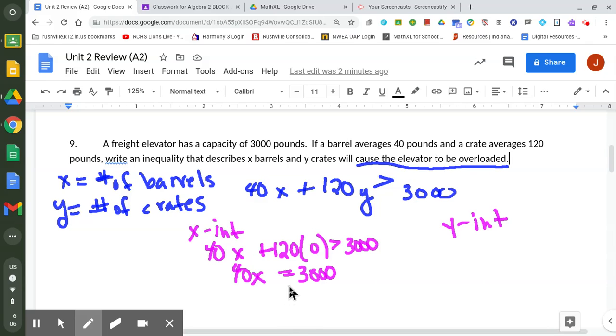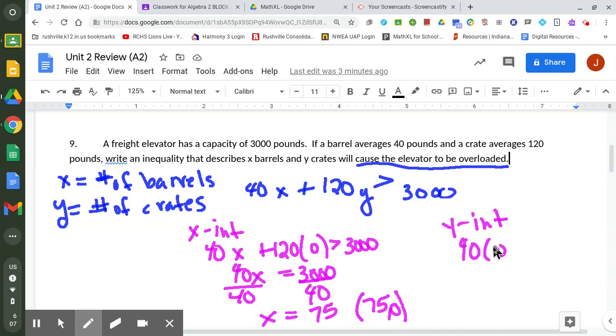So 40x equals 3,000. So divide by 40. That means that x is 75. And so a way that we can write that in point form is (75, 0) because it's an x-intercept. Now to find the y-intercept, I'm going to put a 0 in for the x.